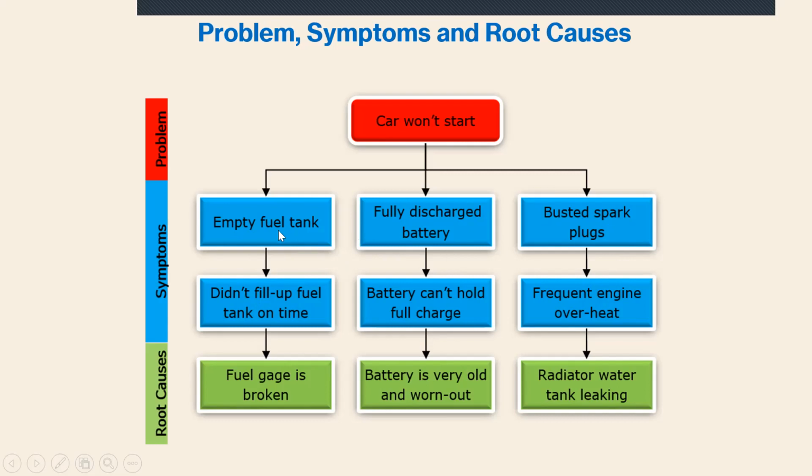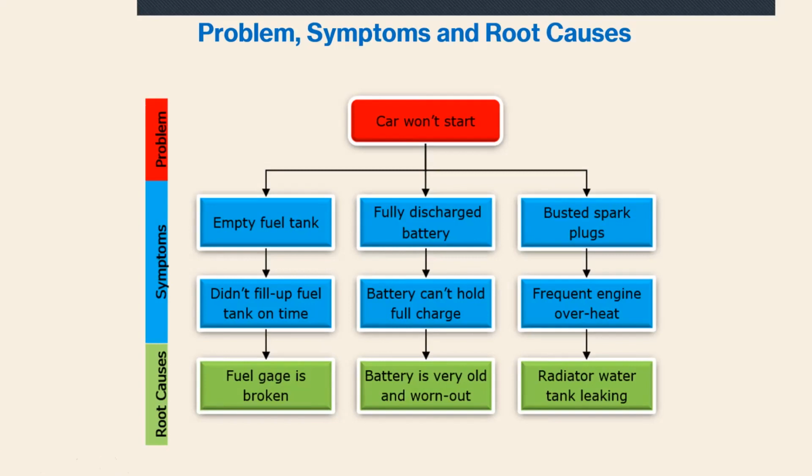And then when you look at the fuel tank, why is it empty? Because we didn't fill up on time. Why didn't we fill up? Because the fuel gauge is broken. And in this case, the battery is dead.